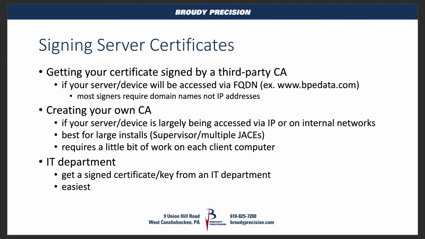The one thing to note here is that it requires a little bit more work, because the root certificate, or your certificate authority, isn't going to be trusted automatically by all of your client computers. That root certificate isn't in the trust store of all of your devices automatically out of the box like it would be with a third-party certificate authority, so we have to add it to each one of our client computers that are going to connect to our devices.